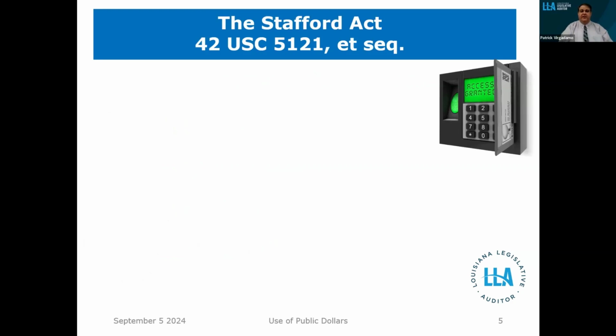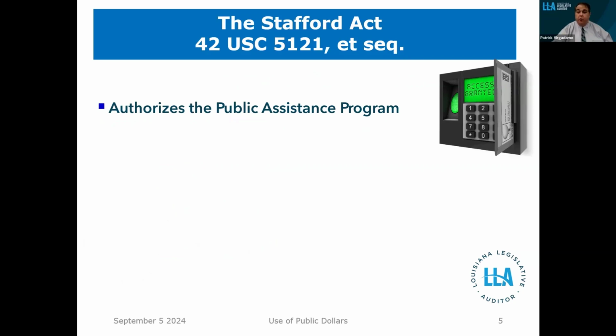First thing to understand is the Stafford Act, the federal law, which can be found in 42 USC 5121 et seq. This law authorizes the Public Assistance Program, which allows for the federal government to provide reimbursement to state and local entities for the costs incurred in recovering from a disaster.